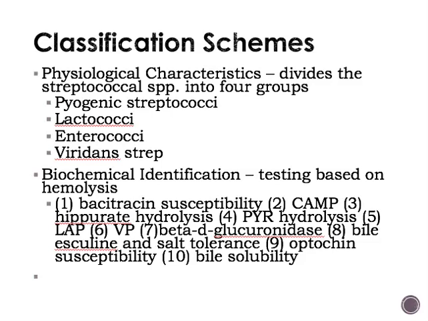Some of those tests include the bacitracin susceptibility test, CAMP test, hippurate hydrolysis, PYR, LAP, VP, beta-D glucuronidase, bile esculin and salt tolerance, optochin susceptibility, and bile solubility. If you go back to that flow chart, you should see probably all of those listed in one place or another, and we will talk more about those tests coming up.